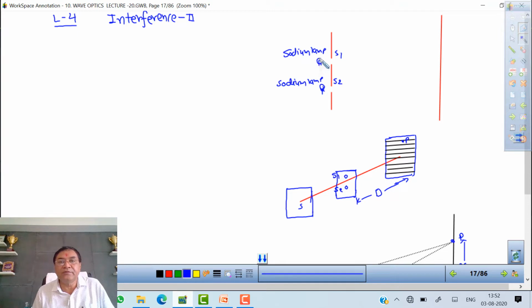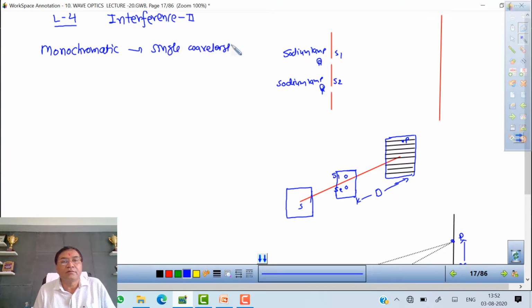So I have one sodium lamp, monochromatic. Monochromatic means single wavelength. Okay, so we have one source here, a second source here.